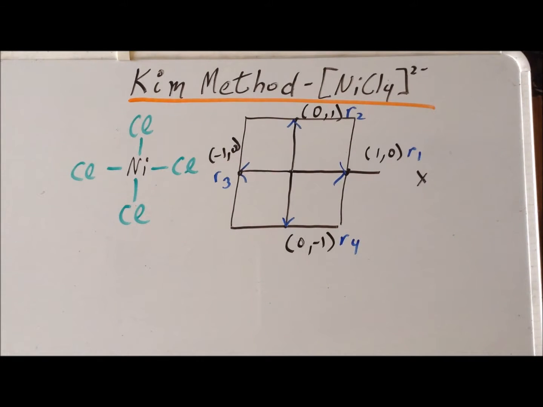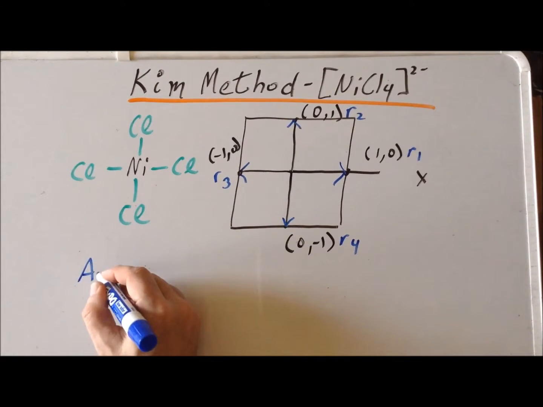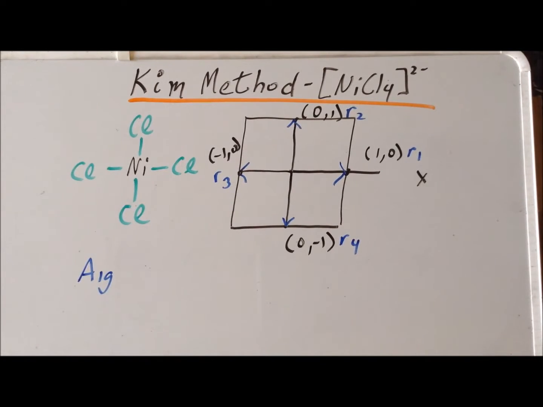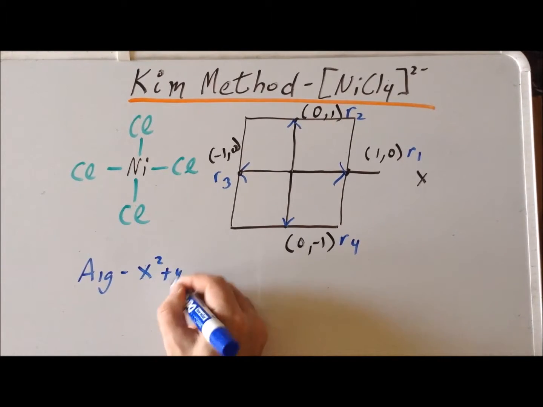Next, we look at the character table for D4h, and we notice that for the irreducible representation A1g, the totally symmetric representation, it has a basis function x squared plus y squared.